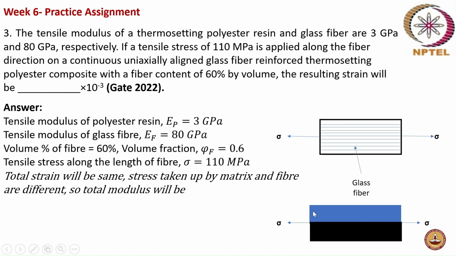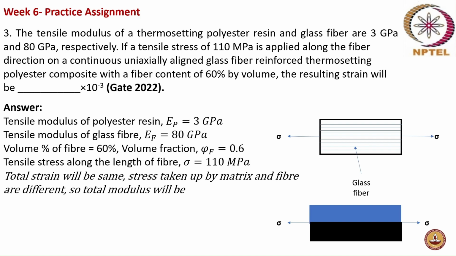Since the fibers are aligned in one direction and the stress is applied in that same direction, what we have to take into account is that the total extension will be the same. For example, if the fiber extends from 1 meter to 2 meters, the matrix will also extend from 1 meter to 2 meters.